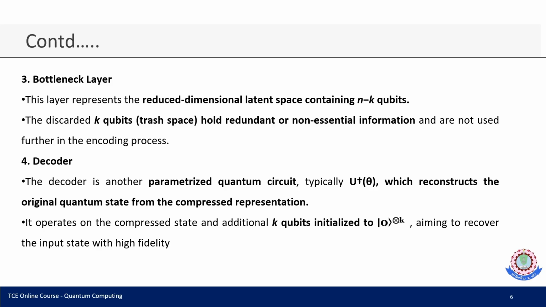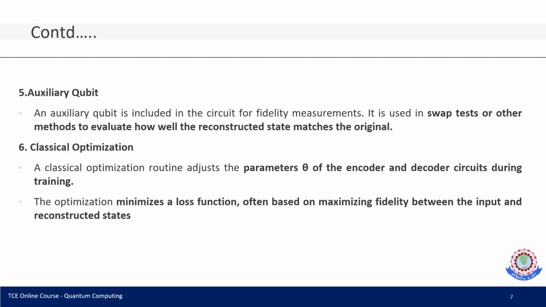The decoder is another parameterized quantum circuit, typically U dagger of theta, which reconstructs the original quantum state from the compressed representation. It operates on the compressed state and additional k qubits initialized to ket 0 tensor product k times, aiming to recover the input state with high fidelity.